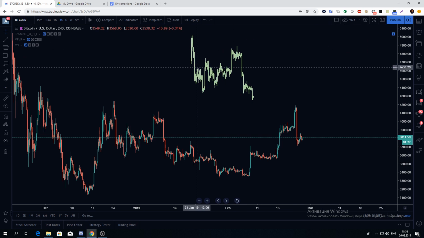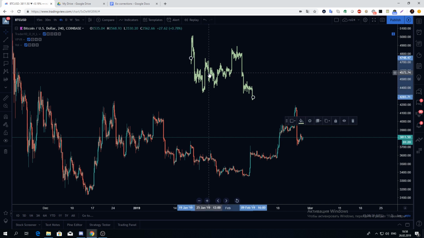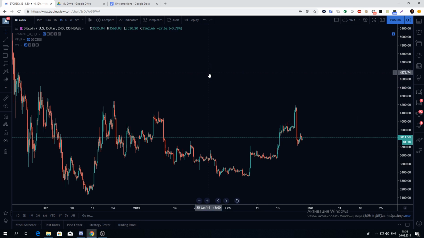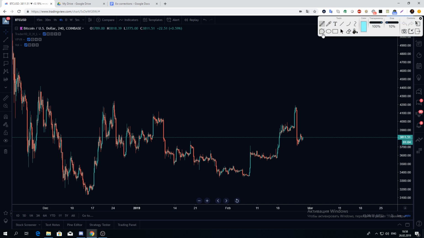So to recap the entire video, correction starts when you have the break in market structure and it starts forming a range. A range which will consist of an upper boundary created by the high of the impulse and the lower boundary being the first leg of the corrective structure that broke the previous trend, right?